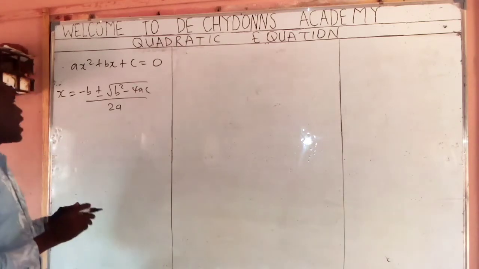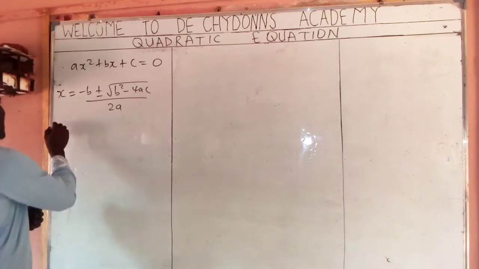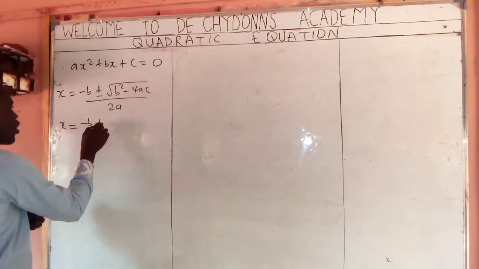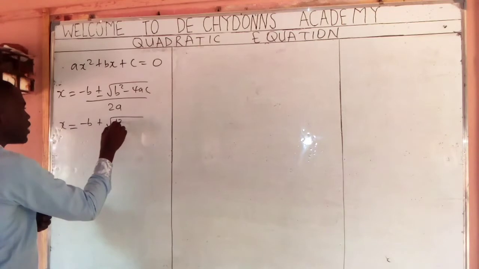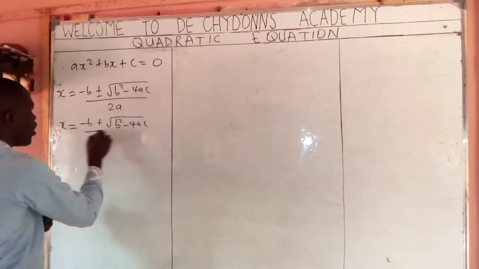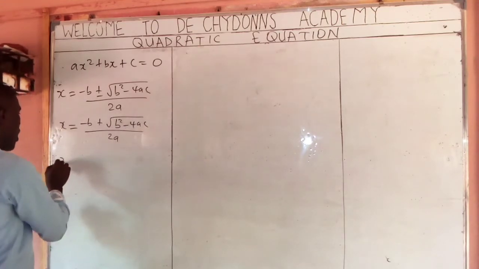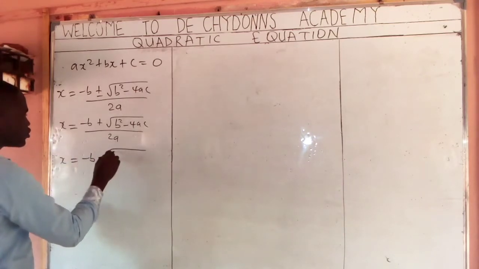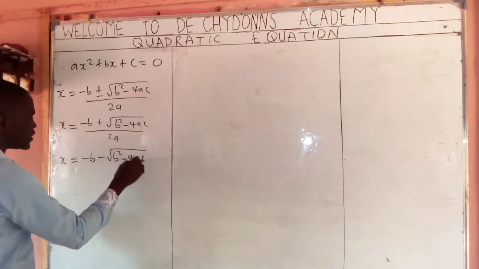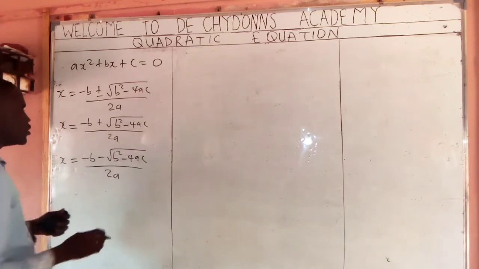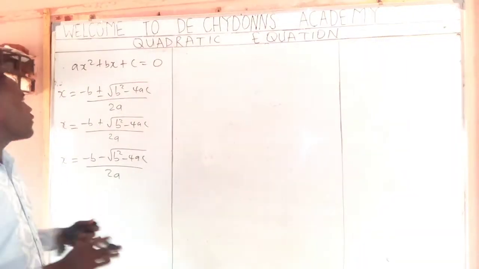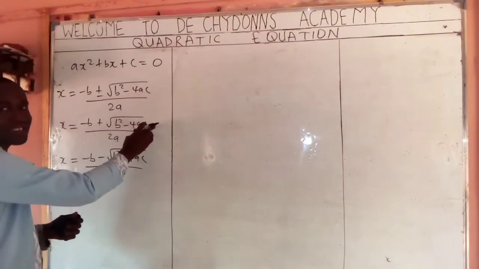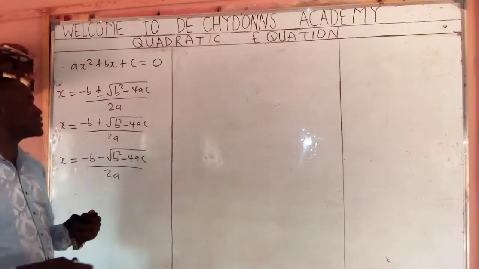So we now establish the fact that x is equal to minus b plus root b squared minus 4ac all over 2a, or x equals minus b minus root b squared minus 4ac all over 2a. That tells you that after solving a quadratic equation, you must have two answers. And this is the formula for the first answer, and this is the formula for the second answer.